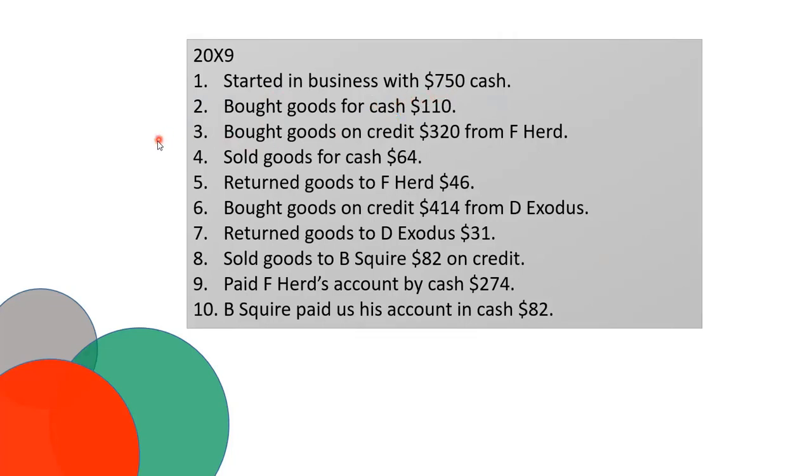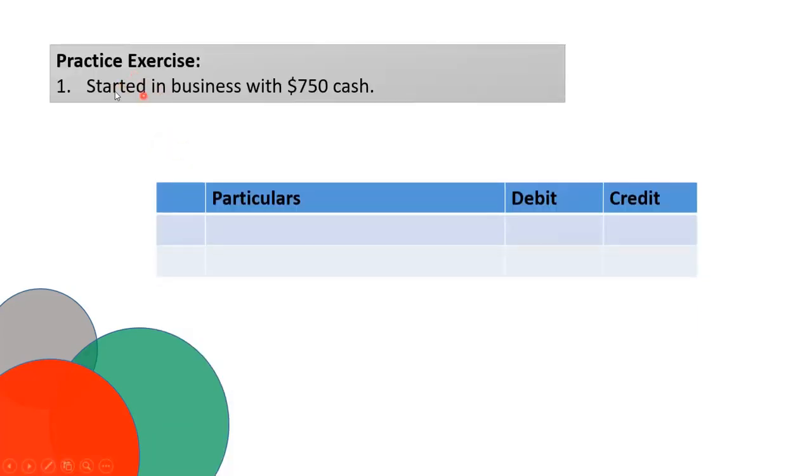So let's see transaction number 1. Started in business with 750 cash. When a person is starting a business, he is bringing $750 cash. Cash is a current asset, as we know.